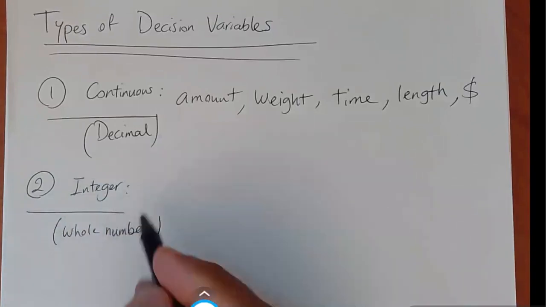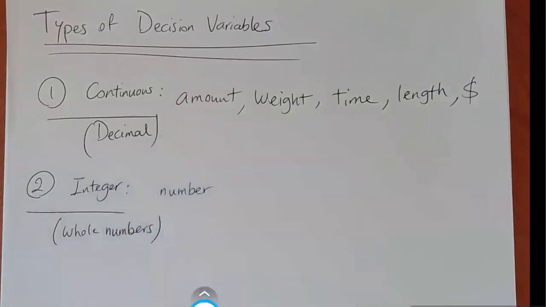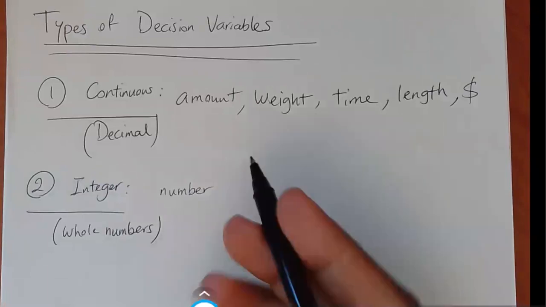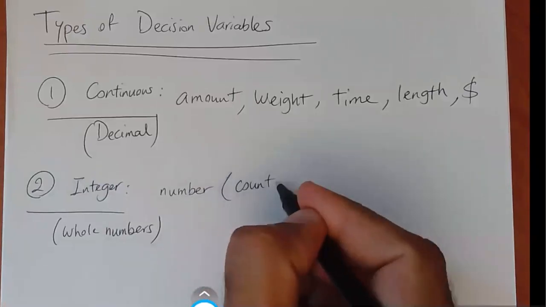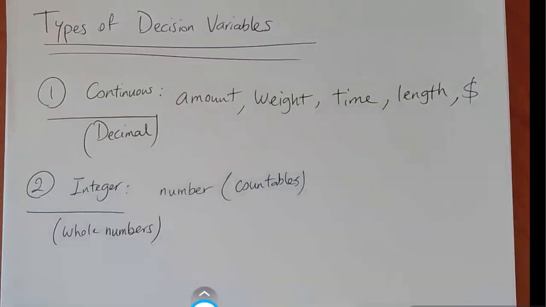Integer values are the countable numbers, again, whole numbers, 0, 1, 2, 3, all the way to infinity, if that is the case.